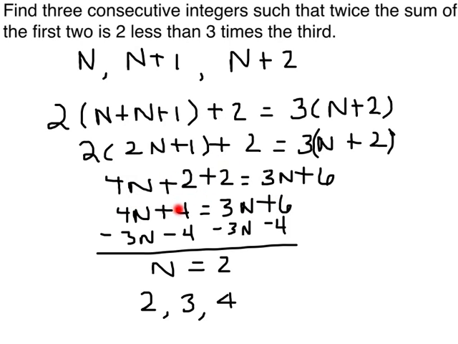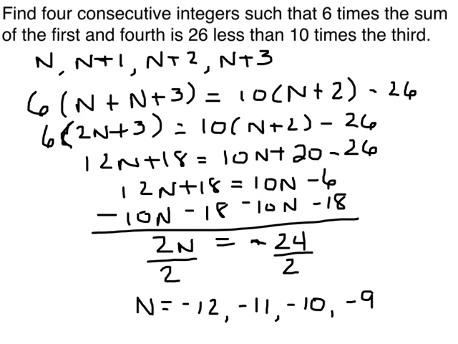I added these two 2's. Plus 4 equals 3n plus 6. Move the 4 over here, and this 3n, I'm going to subtract 3n, bring it over here, and I find out that n is simply equal to 6 minus 4, which is 2. So then the 3 integers would be 2, 3, and 4.